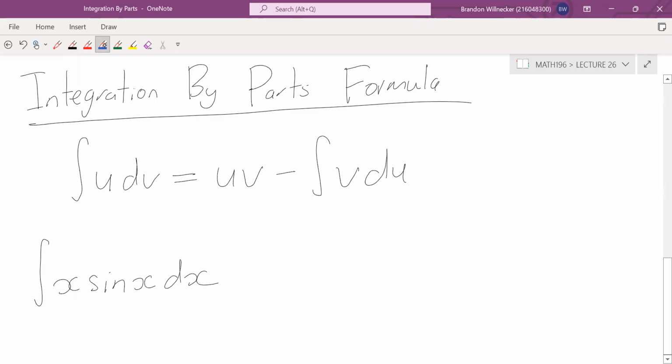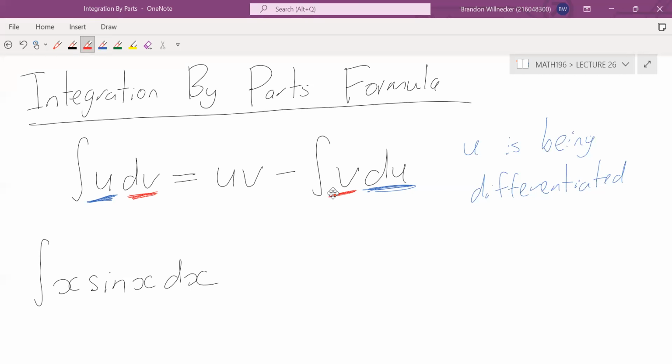So we see here, u becomes du, so u is being differentiated, and dv becomes v, so v is being integrated. This tells us how to make our picks.